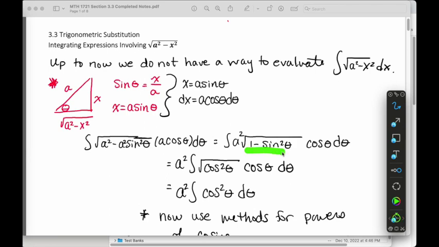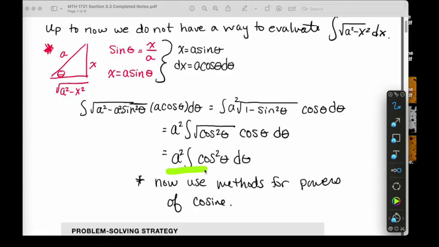Now, this 1 minus sine squared theta can be written as cosine squared. And then when I take the square root of cosine squared, I just get cosine. And then when I multiply it with this cosine, I'm still left with cosine squared. So now we've shown in general what happens when we rewrite the integral of the square root of a squared minus x squared, where a is a constant.